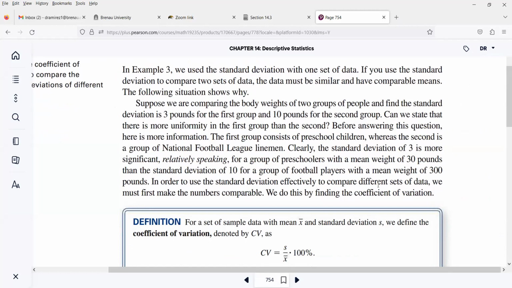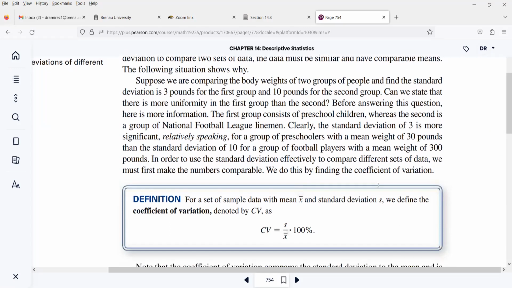Can we say that there is more uniformity in the first group than the second? So before answering that, we need more information. The first group consists of preschool children, whereas the second is a group of NFL linemen. Well, clearly the standard deviation of 3 is more significant, relatively speaking, for a group of preschoolers with a mean weight of 30 pounds than the standard deviation of 10 for a group of football players with a mean weight of 300 pounds.